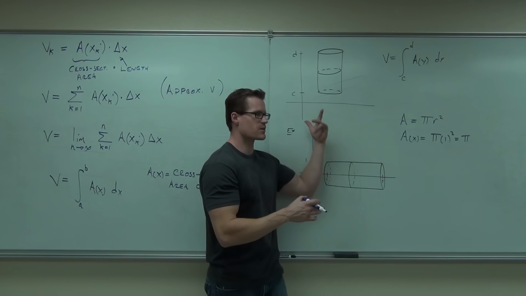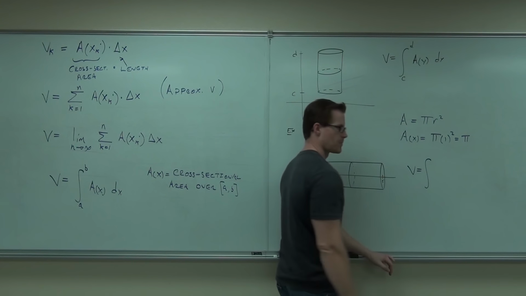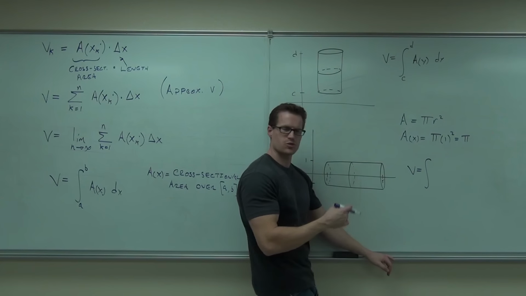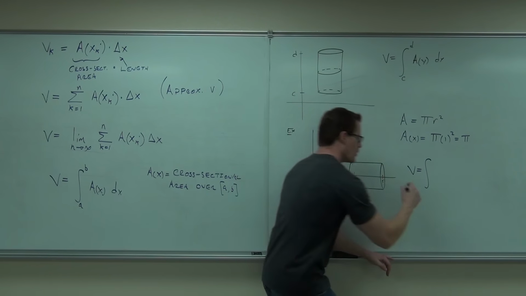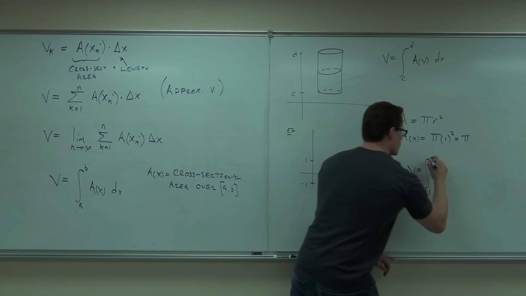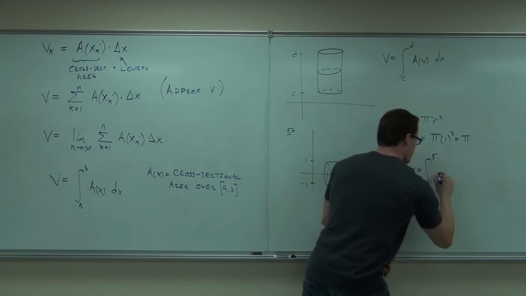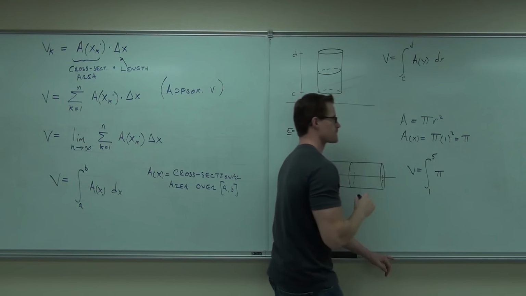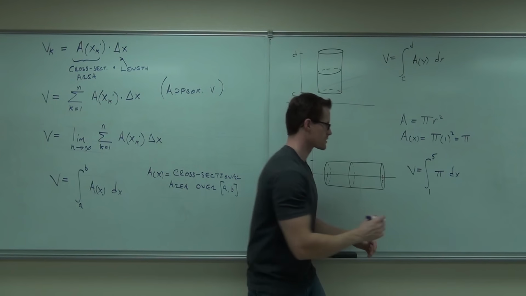So what our theory says here is that the volume should be equal to an integral from where it starts. Along the x-axis, where's it start? 1 to where? 5. Of the cross-sectional area dx, because we're going along the x-axis.